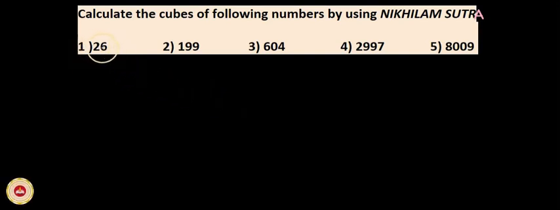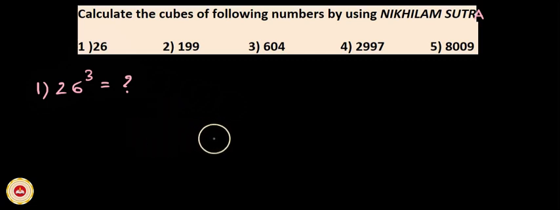Let us calculate the cube of 26. First example: 26 cubed is. Now this time also we are going to obtain the answer in 3 parts: left part, middle part and right part. So let us write those parts here.